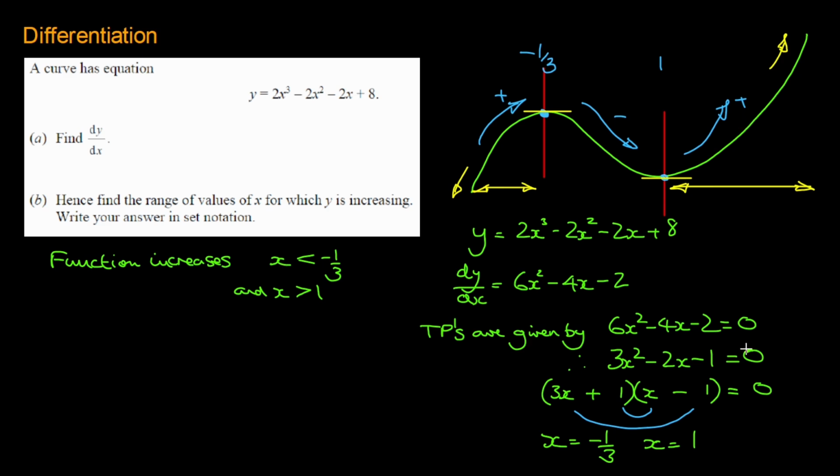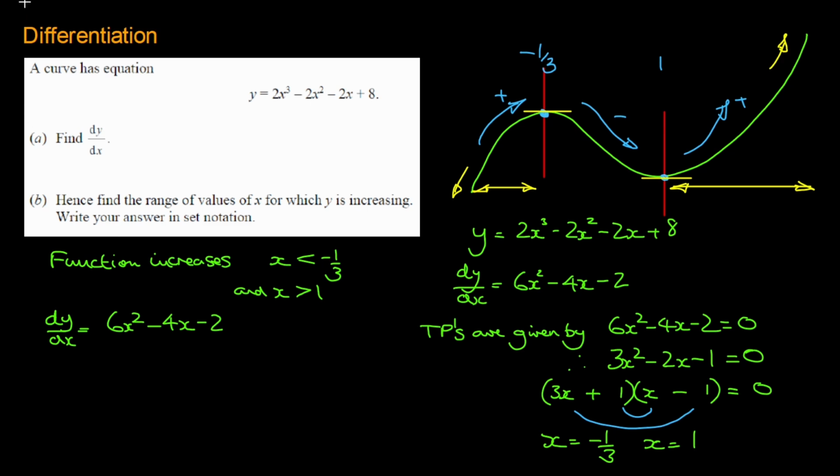Proof from our differential function goes like this. Our differential function, dy/dx, is equal to 6x squared minus 4x minus 2. So our gradient function will be positive during this section, negative during this section, and then positive during this section.